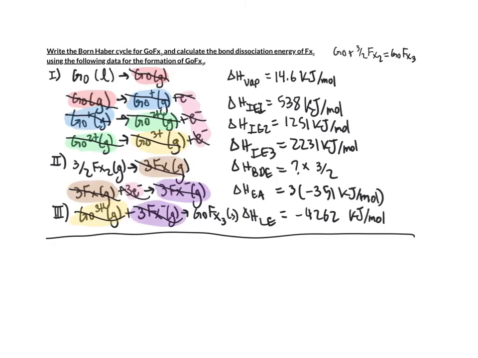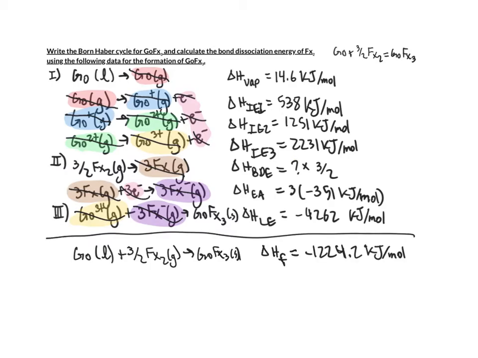With the highlighter, colors that match mean that those two cancel each other out, and we end up with GO plus 3/2 FX2 reacts to form GO FX3, which is what we were looking for, so that works out good. And then we put the enthalpy of formation, which we are given, on next to that.